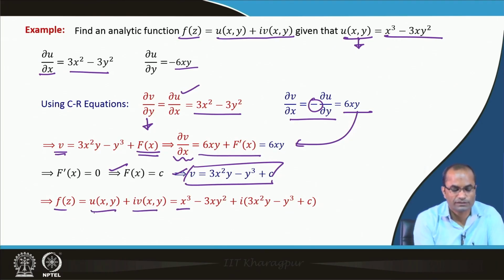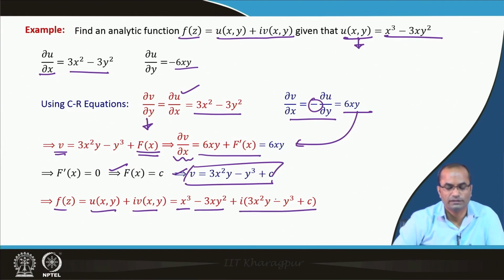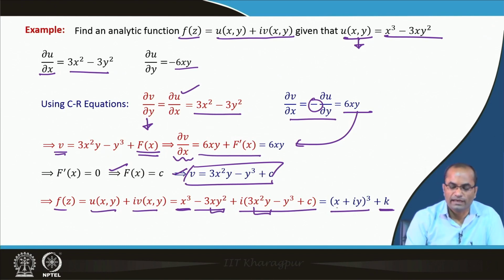So, we have here x cube minus 3 x y square exactly substituted, the u and v, and then we will observe, because the cube is coming here also, we have the homogeneous term with 3, here we have 3 x square y. So, it is a cubic formula for this x plus i y power 3, and this i c we have just a constant there, we have renamed it to k, and x plus i y can be replaced by z.